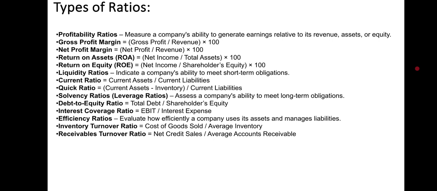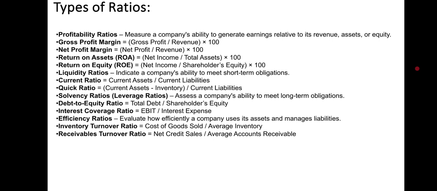You calculate the current ratio by dividing current asset by current liabilities. For the quick ratio, you take the difference of current asset and inventory, divided by current liabilities.